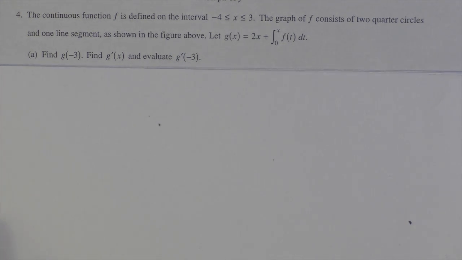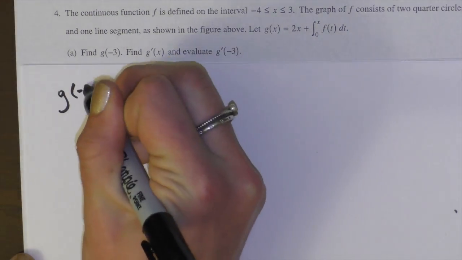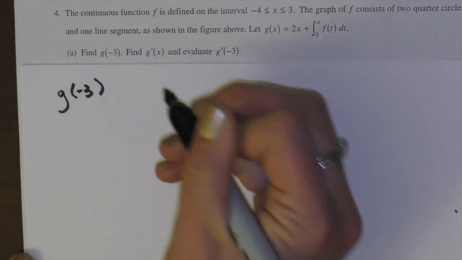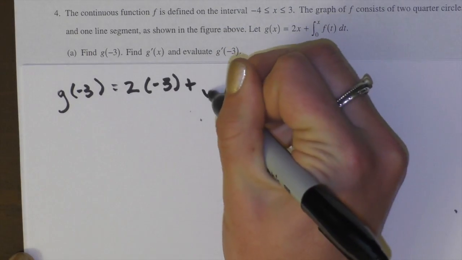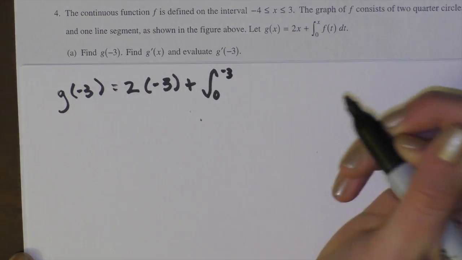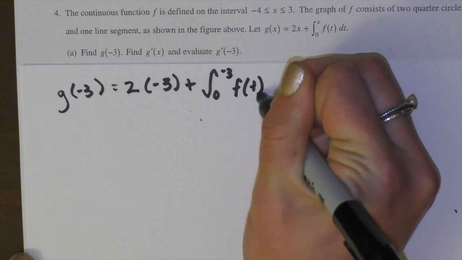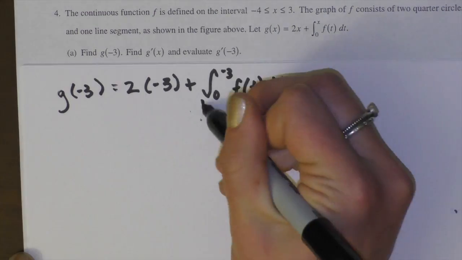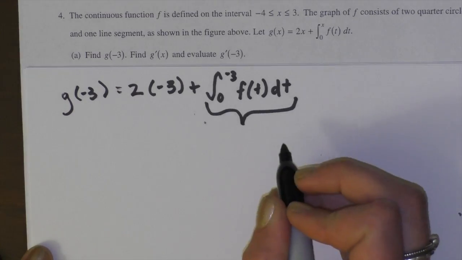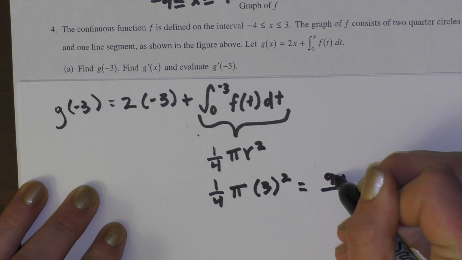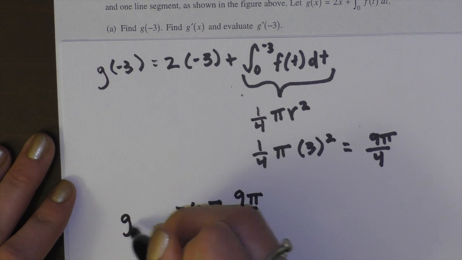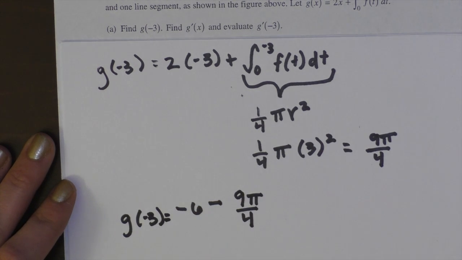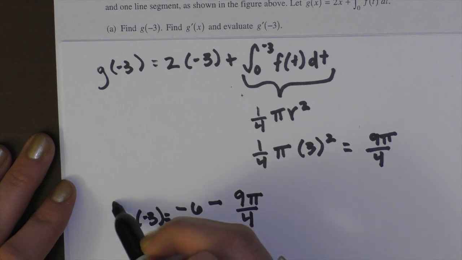We'll start by finding g(-3). g(-3) is equal to 2 times -3 plus the integral from 0 to -3 of f(t) dt. g(-3) is equal to -6 minus 9π/4.